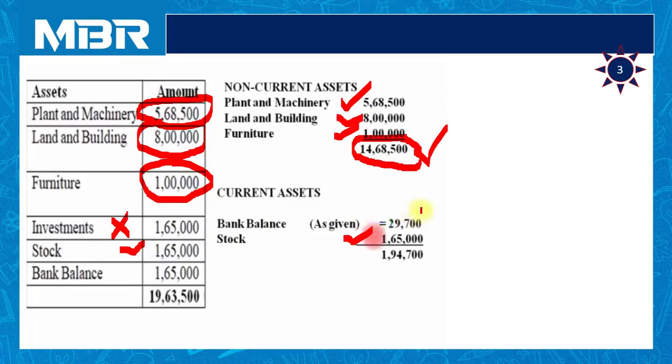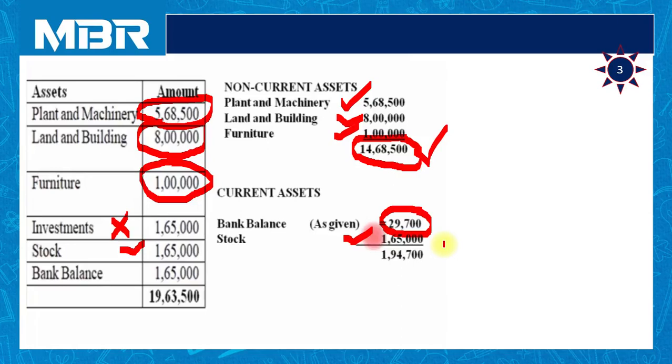Now, the most important part of the calculation, or say our answer, is the bank balance, 29,700. If you don't want to calculate the closing balance, refer to the additional information given by the examiner to us as a part of the question. The condition is very much clear that at the end of our calculation, we are in need of a closing bank balance of rupees 29,700.